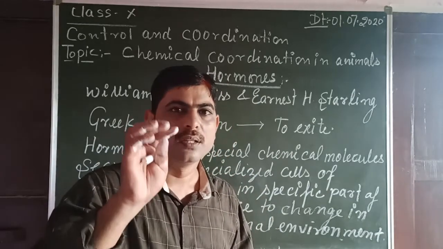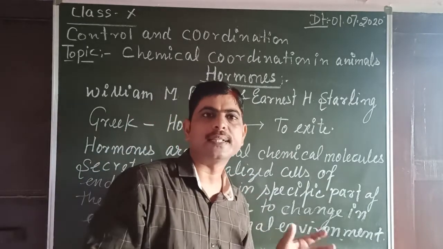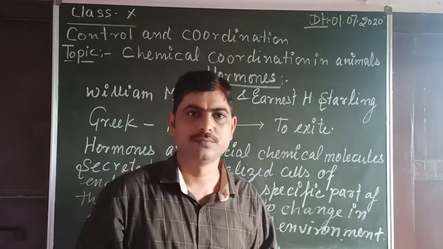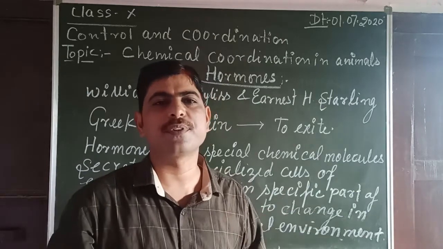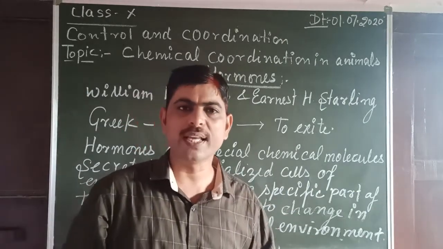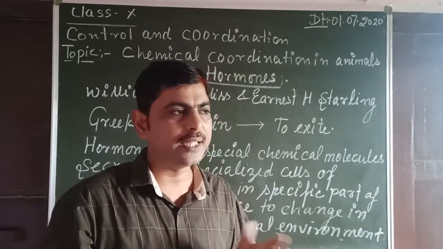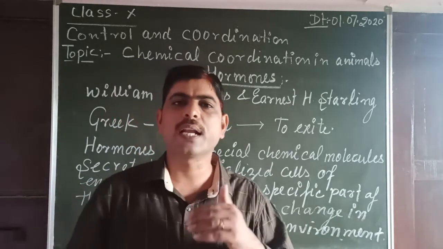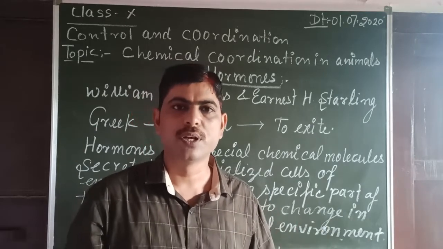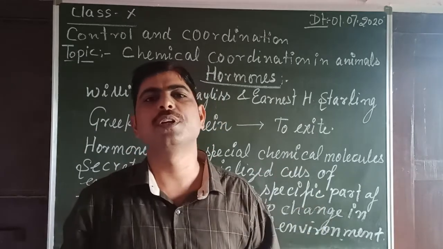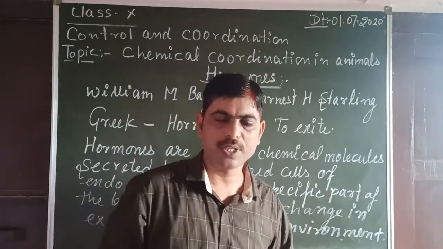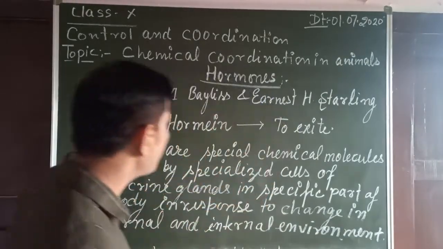When the receptor detects the hormone, it brings some change in the shape of the receptor and they produce their effect, and they either inhibit or stimulate the physiological function of the body for the benefit of the body as a whole. Okay, so they are called the hormones.